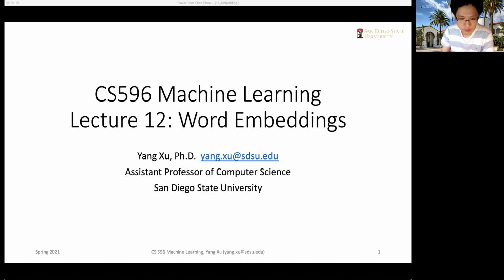This chapter is actually very closely related to the recurrent neural network chapter that we have just gone through. In the RNN chapter, a lot of the examples that we use are natural language data, like the language modeling task, right?